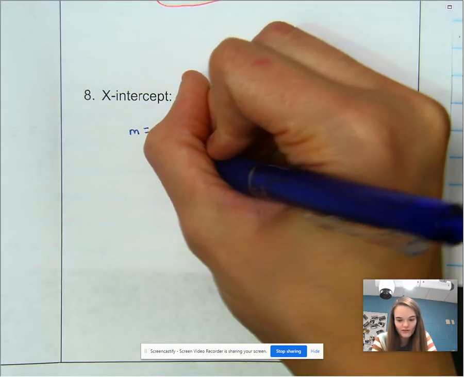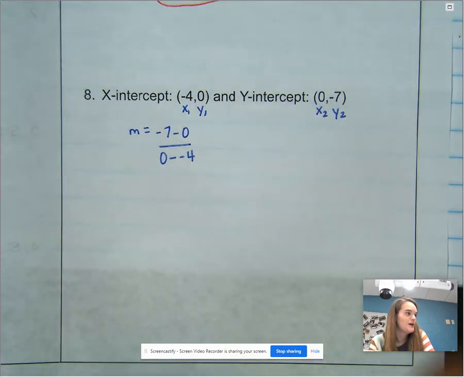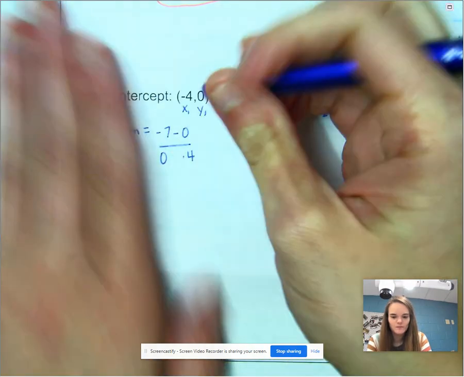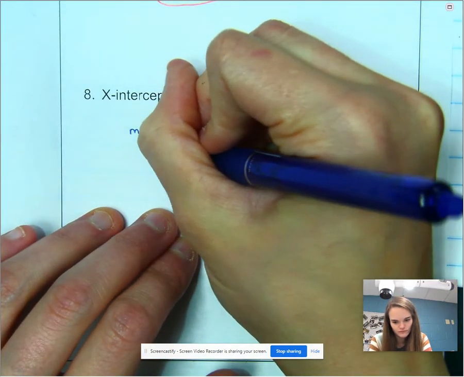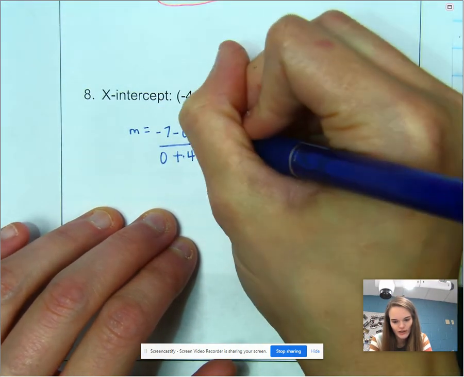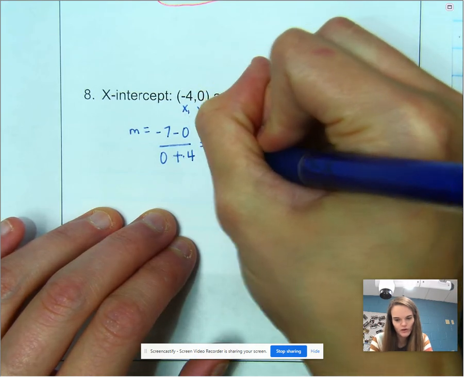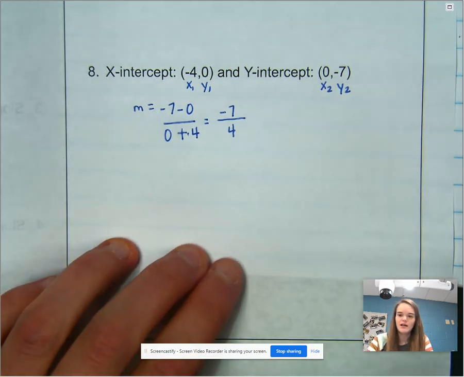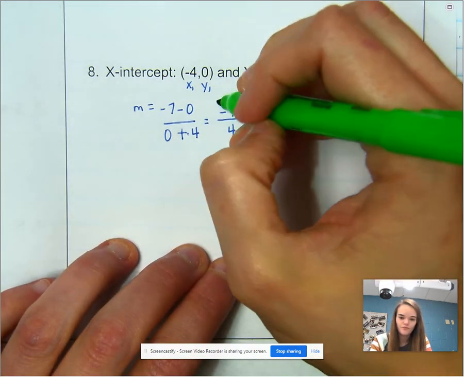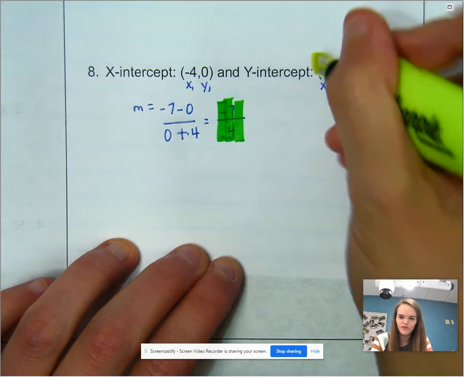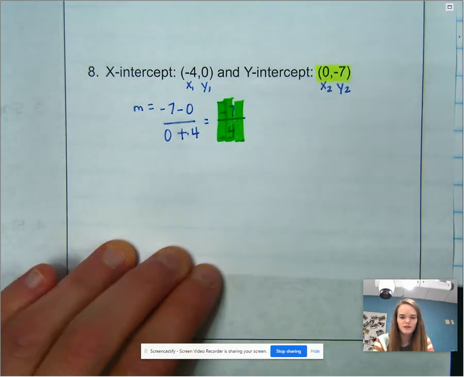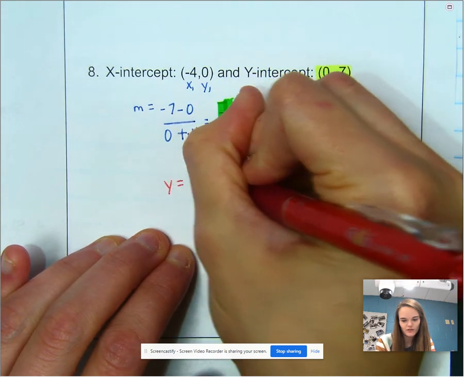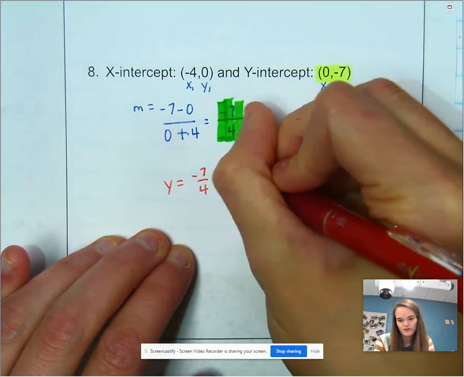So I can either put minus negative 4 because the formula is minus, or I can just erase that and put plus. And that equals negative 7 over 4. Okay. I have my slope. I have my y-intercept. I'm just going to write it. Y equals negative 7/4 x minus 7.